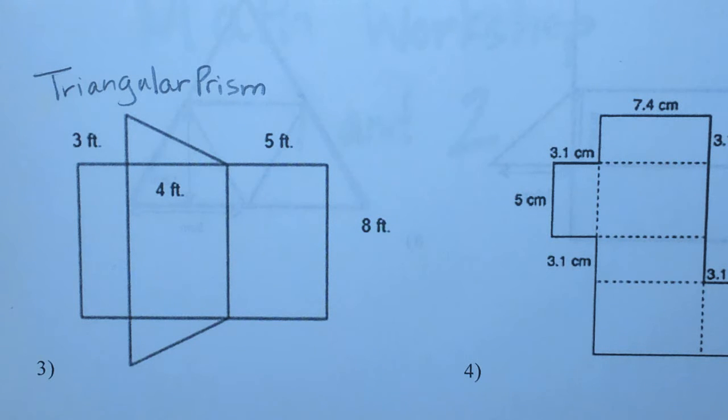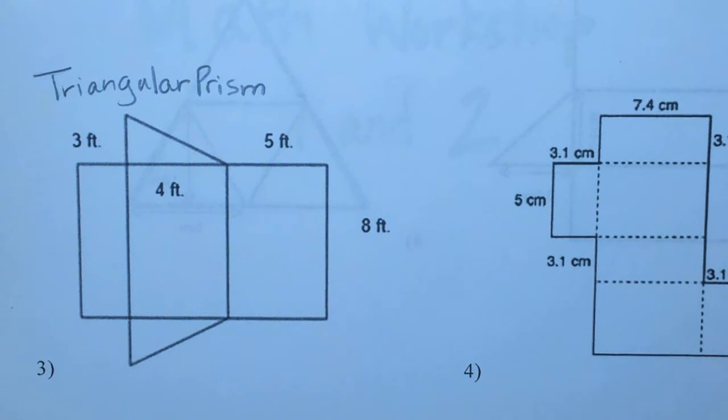And the weird part is the triangles, watch the triangles. This is a weirdly cut triangle. But the end flaps is what makes it a triangular prism, because when it's folded shut, it's flat on each end. Okay? Triangular prism, flat.